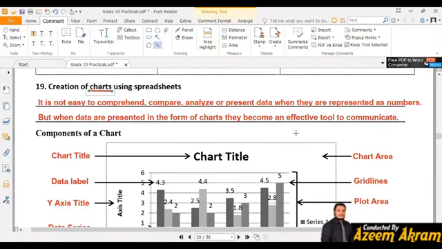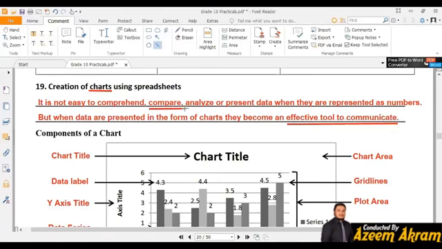So what is the purpose of having a chart? Mainly remember, it is an effective tool for communication. More than that there are many things: compare, analyze, present data, easy to comprehend.